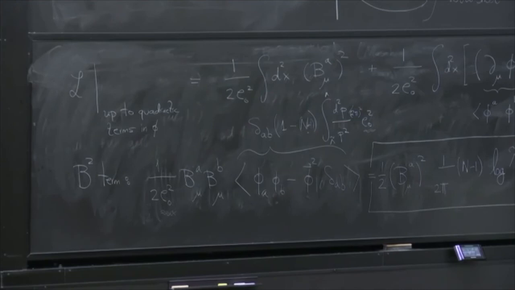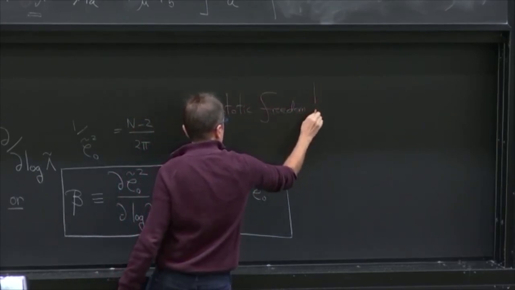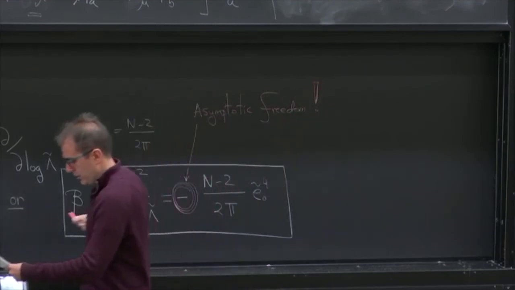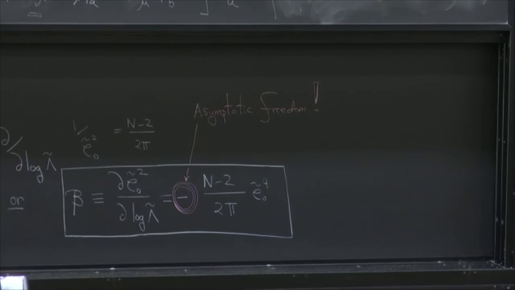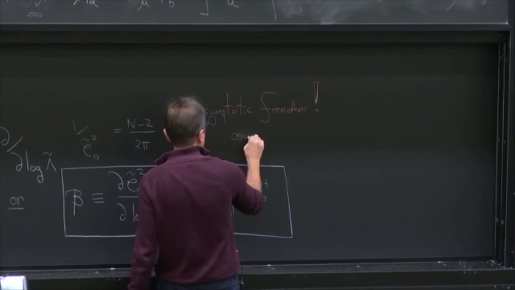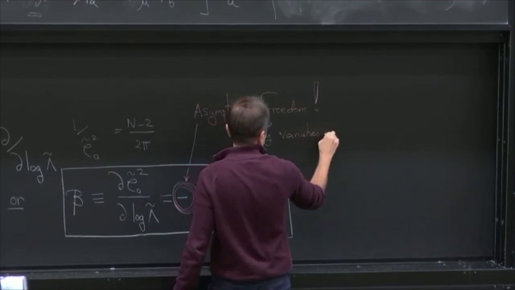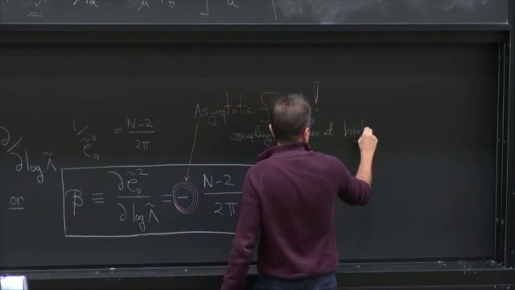And this minus sign here is crucial. This minus sign that we just got is what is called asymptotic freedom. So what this sign means is that the coupling vanishes at high energy.